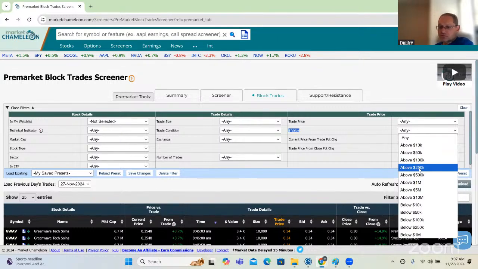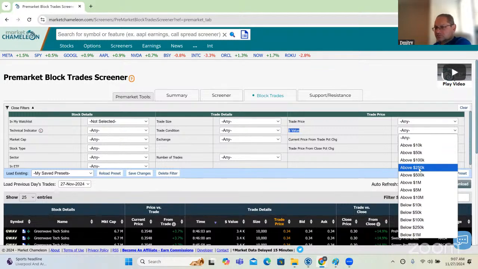So the single trade had to involve at least $250,000 in notional value in the stock, which could be a different amount of stock depending on the price of the stock. Right? You could have a $100 stock, you could have a $5 stock, you could have a $1,000 stock. Well, that would represent a different amount of shares to get up to 250,000.